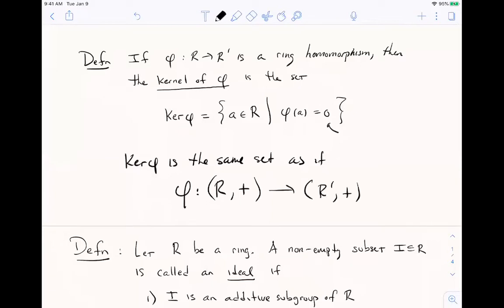So by this 0, I mean the additive identity in R prime. So the notion of kernel actually hasn't changed, which you might think is a bit of a surprise, like where's the multiplicative structure in there? So the kernel of a ring homomorphism is the set of elements that map to the additive identity. I'm going to highlight that to emphasize it's important. It's the additive identity, not the multiplicative identity, because I'm not even assuming these rings have unity. There might not even be a multiplicative identity.